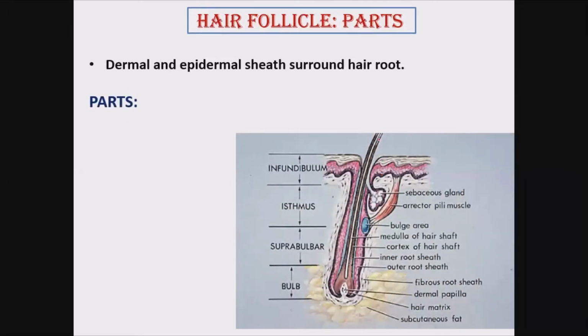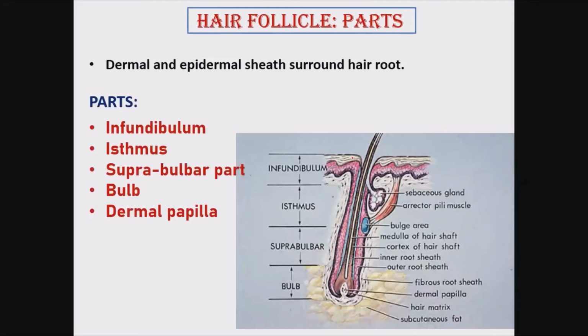Now, the hair follicle. The root of the hair, the embedded part, is surrounded by the dermal and epidermal sheaths, or you can say the sheath which is derived from the epidermis and dermis. This is called the hair follicle. The hair follicle consists of the part extending from the surface to the sebaceous gland. This part is called the infundibulum.